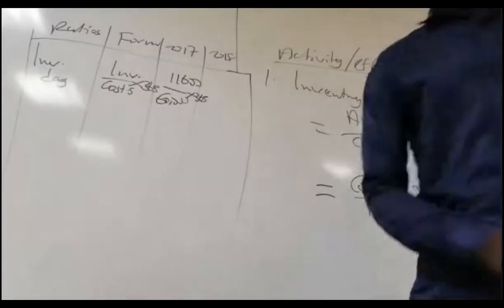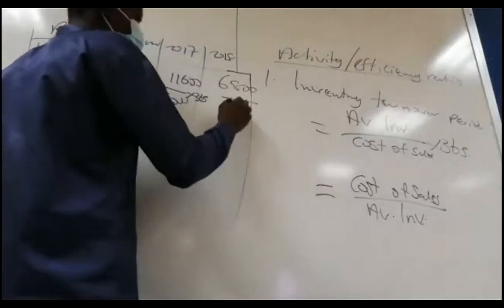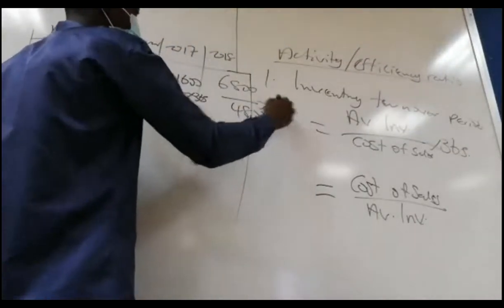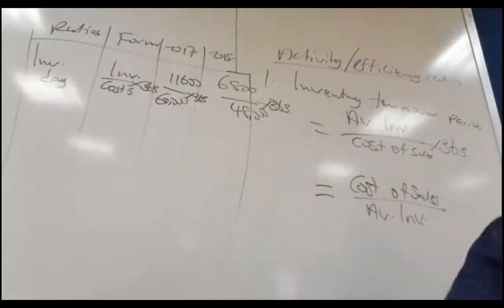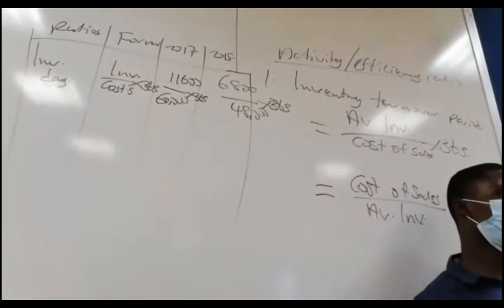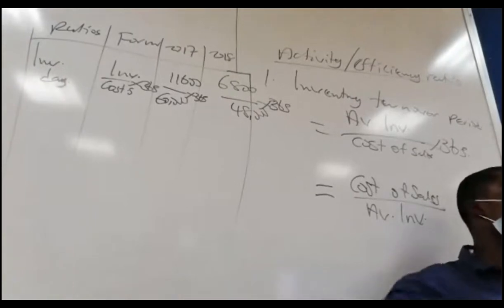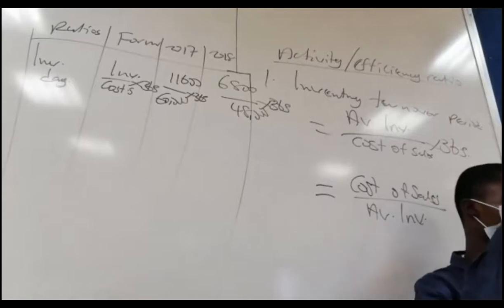So 6,800 over 48,000 times 365. Once we give you years and in one of the years you can't get the average, you have to use the closing throughout all of them, except if we give you 3 years and ask for just 2 years.